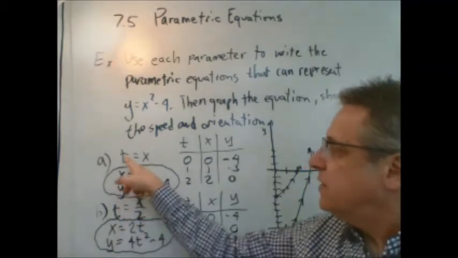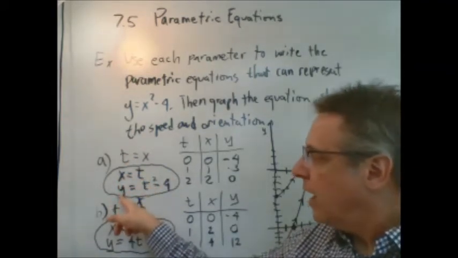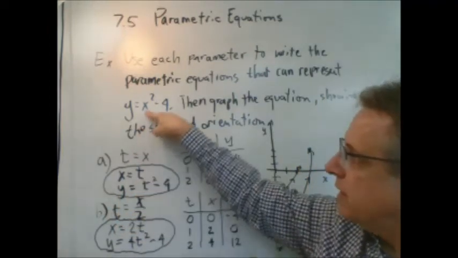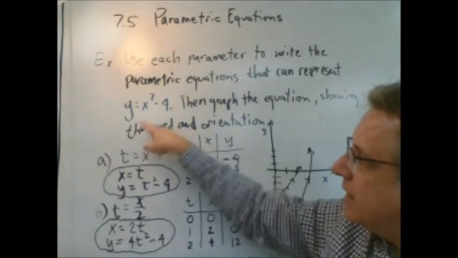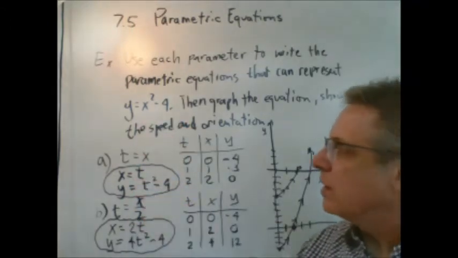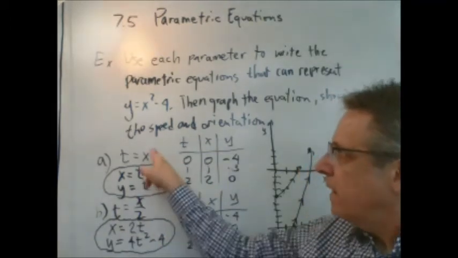If t is equal to x, then x is equal to t, and y is equal to, replacing x with t, t squared minus 4. These would be the parametric equations for this parameter.